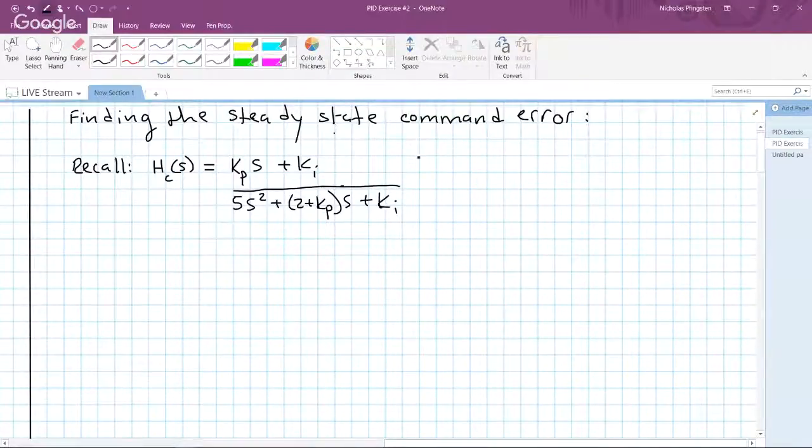And we have to recall our error function because we need the error function to be in agreement with our final value theorem.